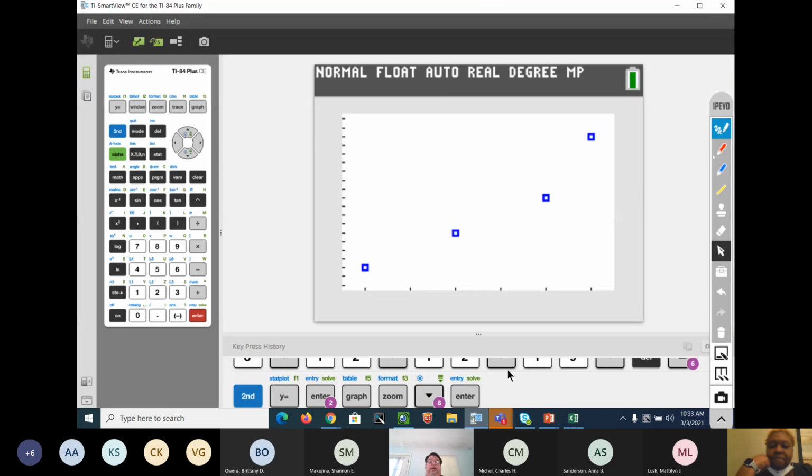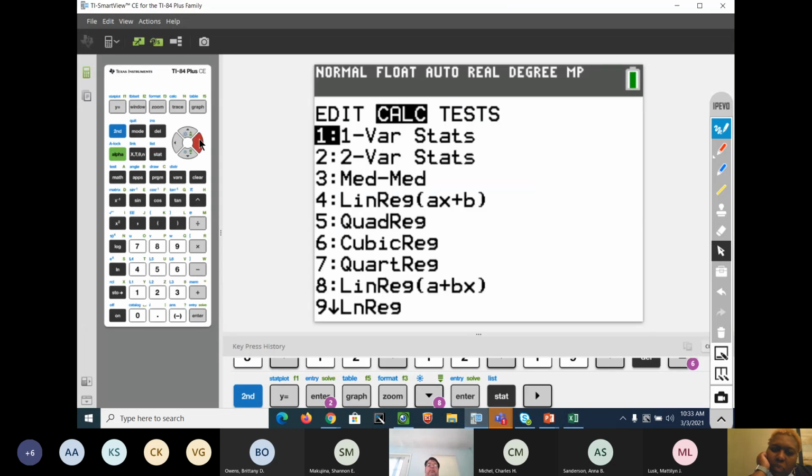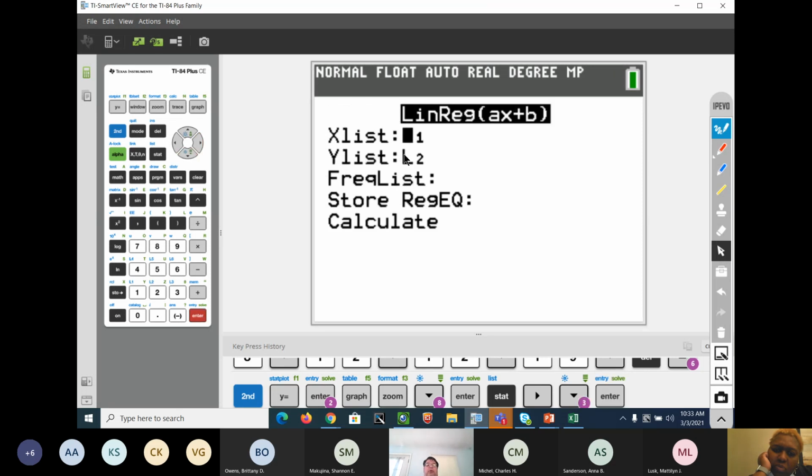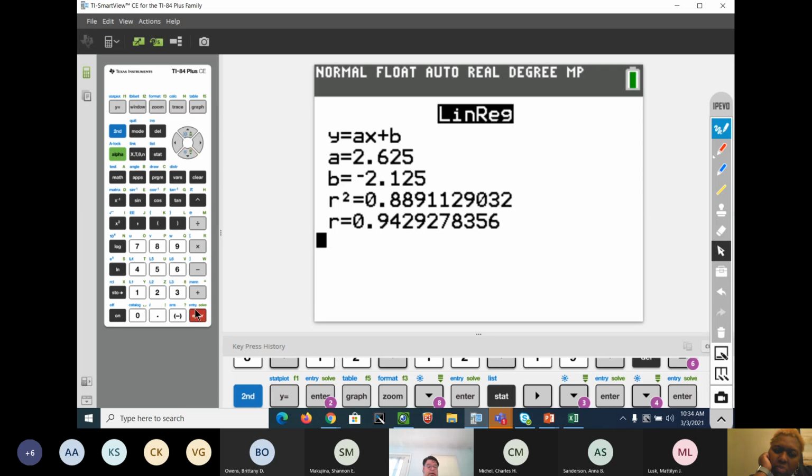And all you have to hit is stat, calculate, and go to linear regression. It's already defaulted. You don't have to do anything as long as you keep your numbers in L1 and L2 and hit calculate. And I write this down because it's important.